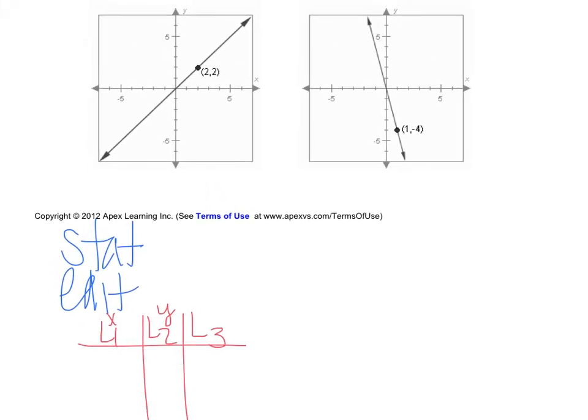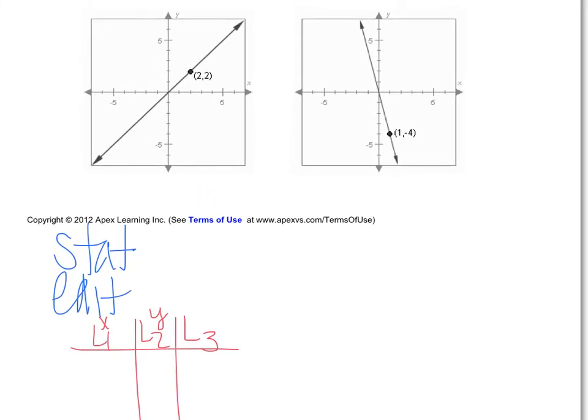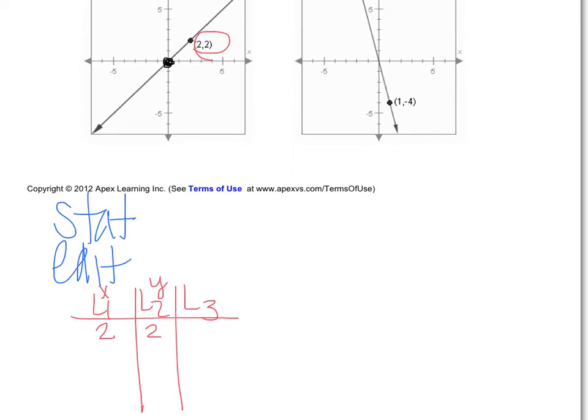Now, if you notice on this graph, they technically only gave you 1 point. They gave you the ordered pair 2, 2. So that's going to go in our table. However, even though it doesn't give you another point specifically, you should notice that this does go through the origin, and the origin is the ordered pair 0, 0. So that's going to give us our second set of numbers in this particular function.